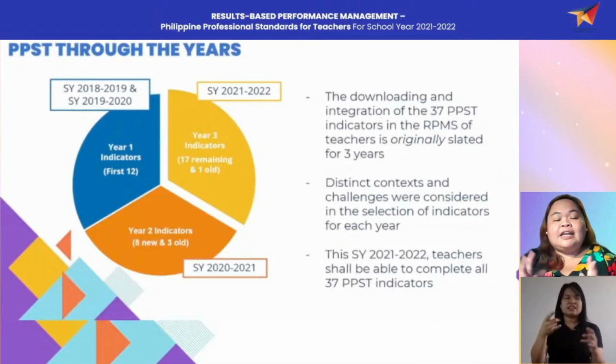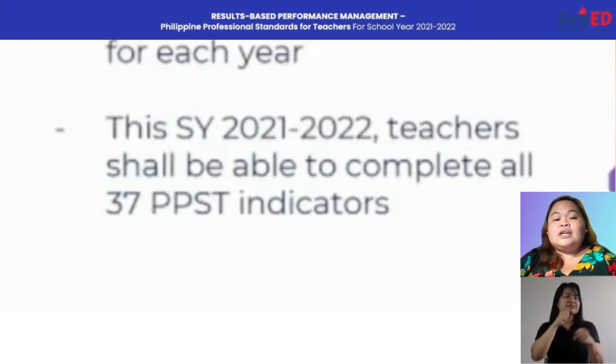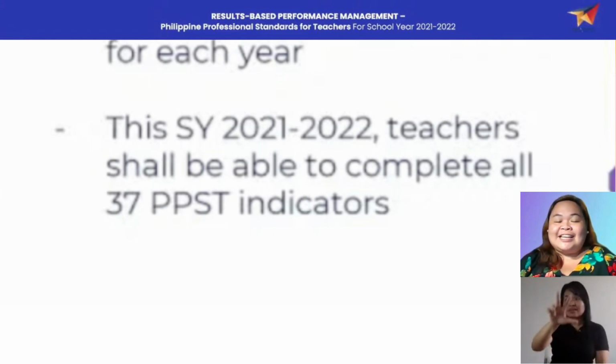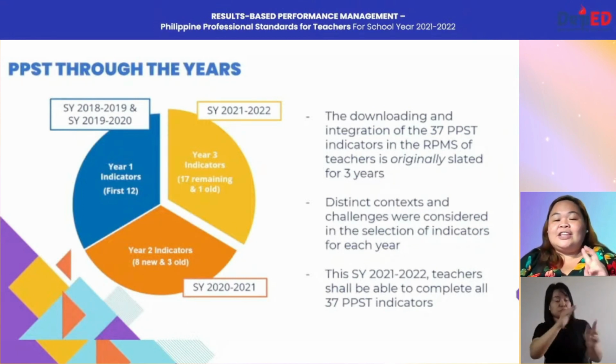So specifically, for this school year 2021-2022, teachers shall be able to complete all the 37 PPST indicators translated into performance indicators. Kindly take note that the year 3 indicators are really not new.